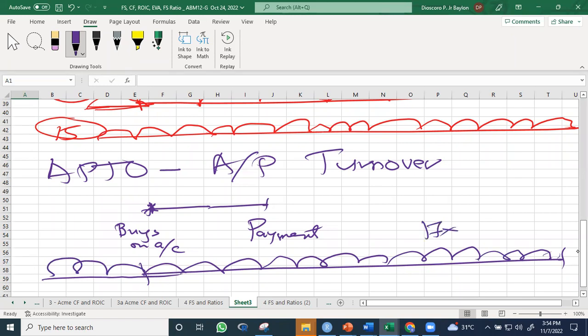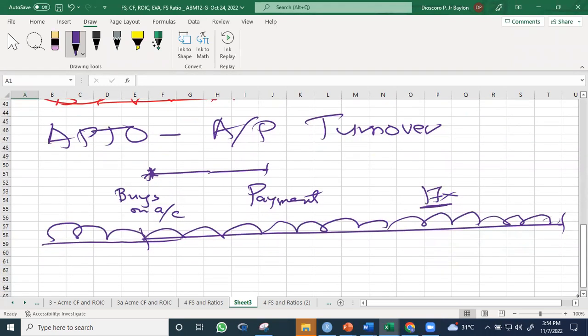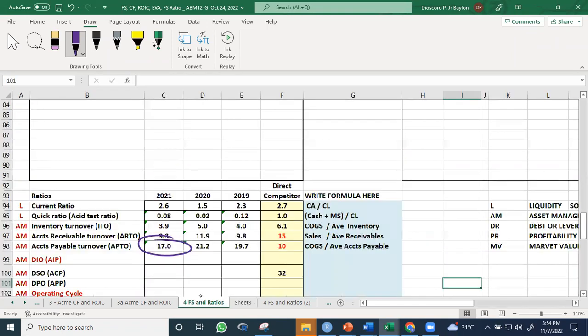Okay. So roughly, guys, kung 17 times, less than 1 month yung frequency ng pagbayad. Kasi ang 1 year, 12 months. So more or less, parang 1.5 times a month nagbabayad. Parang ganun. While on the other hand, si competitor 10 times lang.